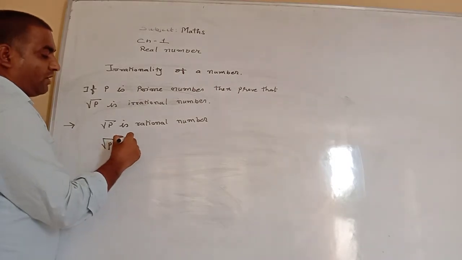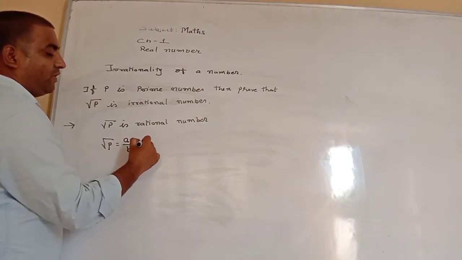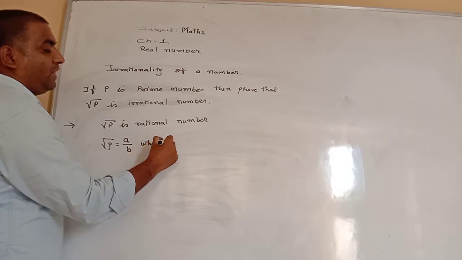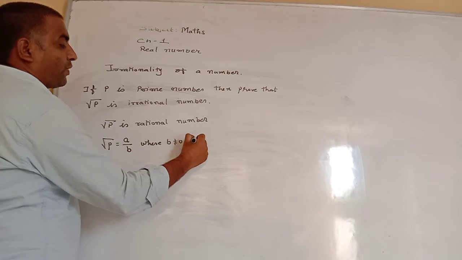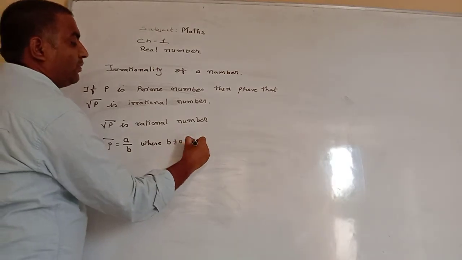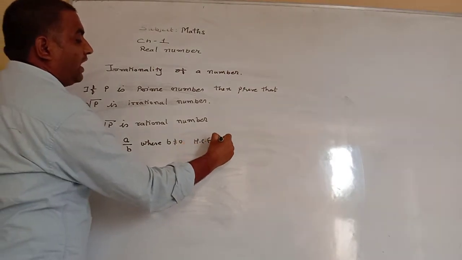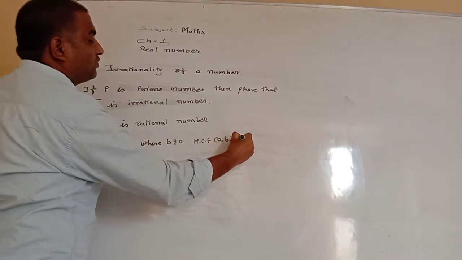So root p equals a by b, where b is not equal to 0 and a and b are co-prime, that means HCF of a and b is equal to 1.